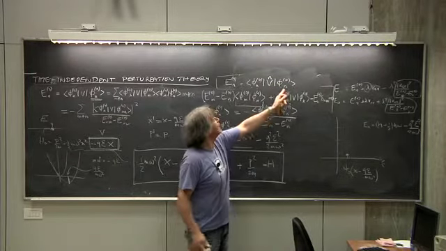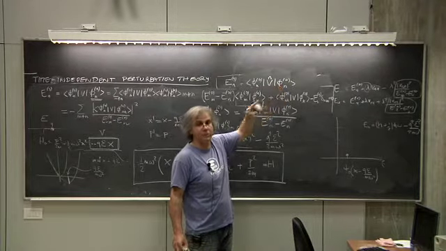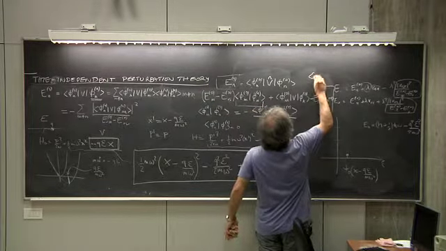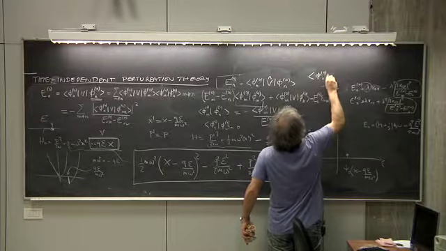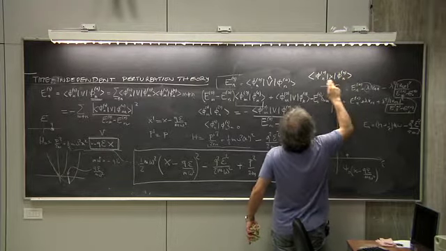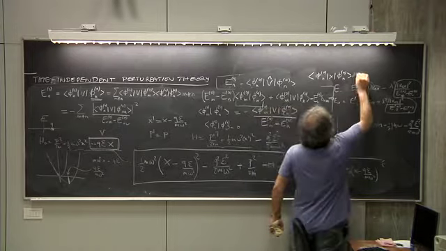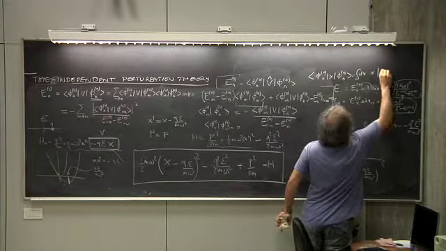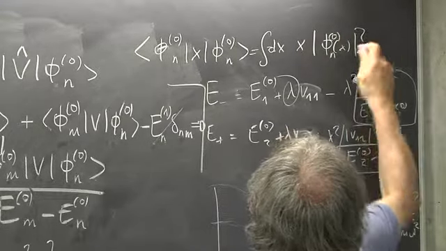But you know that these eigenstates have a definite parity. They are even, odd, even, odd, even, odd. If I try to calculate the expectation value of x between the same state, be it even or odd, it means what? It means an integral over x of x times the wave function squared.